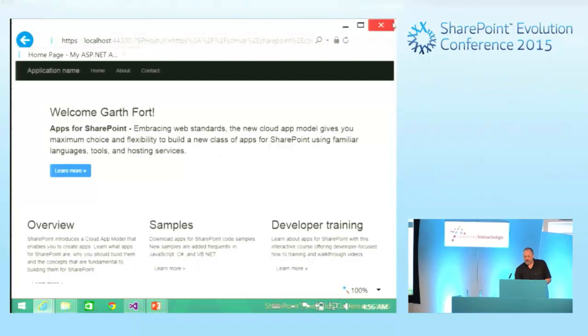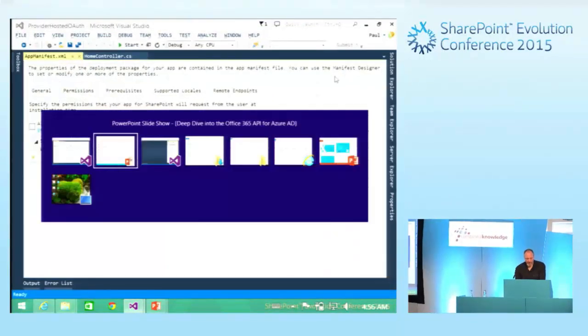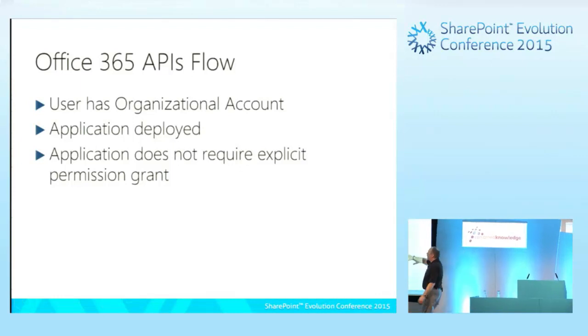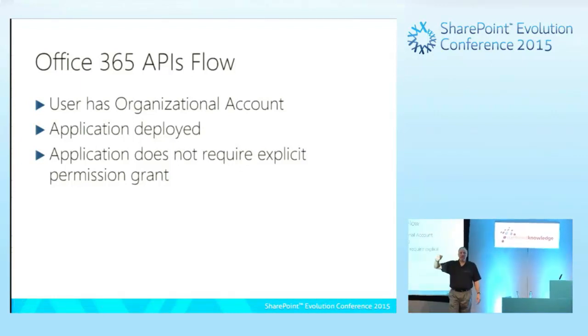In the Office 365 space, things are a little bit different. Your application doesn't require a permission grant. It does make a request that says, at runtime, I do want to have certain permissions, but the scope is a little bit different. Because in a provider-hosted app, I'm installing that app into a specific site collection. So we know the scope of the request, right?